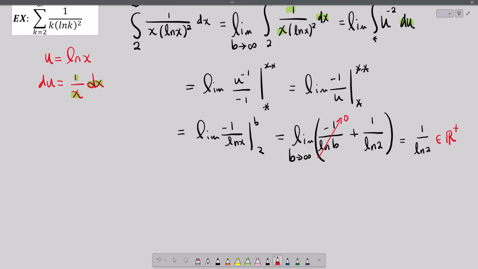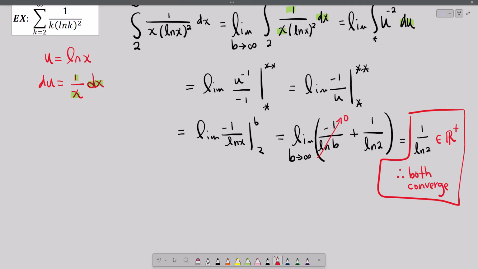And then the theorem says they do the same thing. The integral and the sum do the same thing. So our big conclusion is that therefore both converge. Both the series and the improper integral converge.